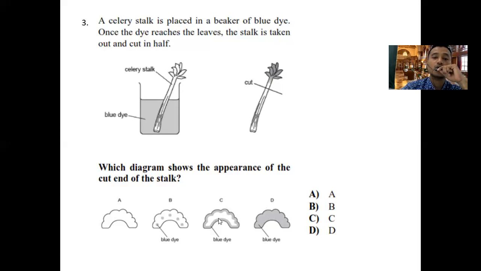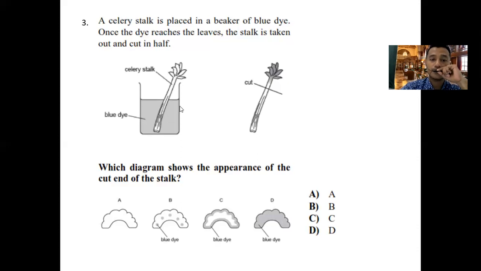But C is the outer part, or the covering part, of the trunk. And in D, all parts of the tissues already contain blue dye. So based on the diagram shown in this question, the answer is B.